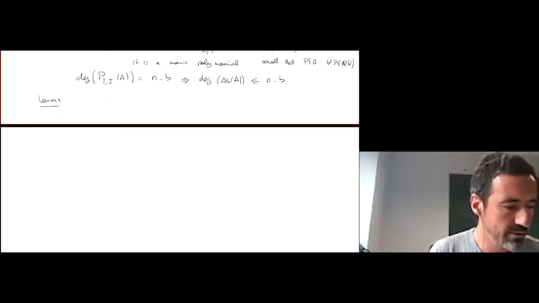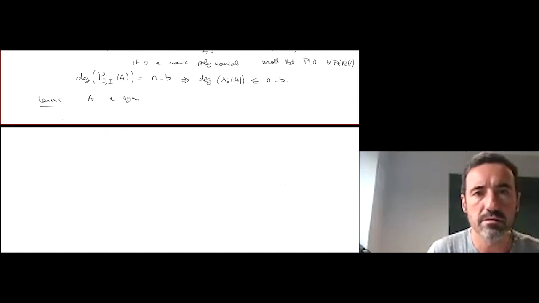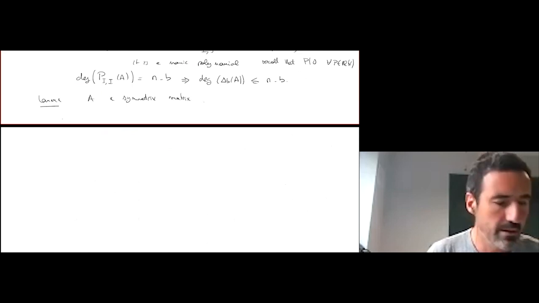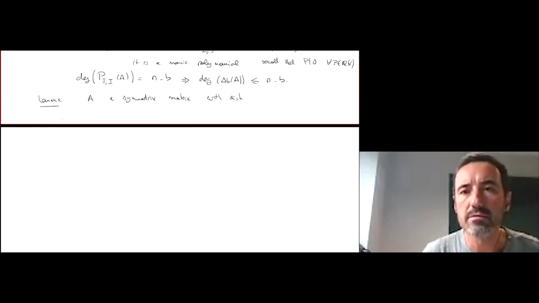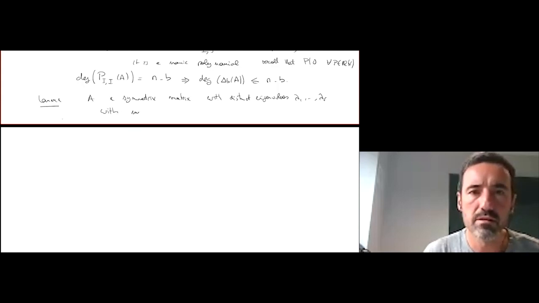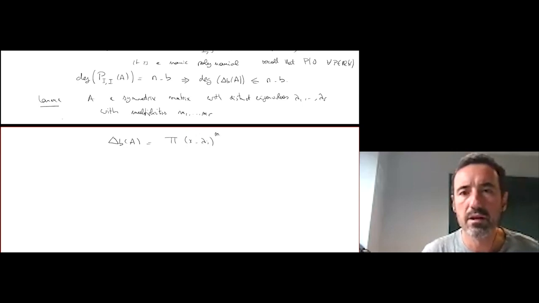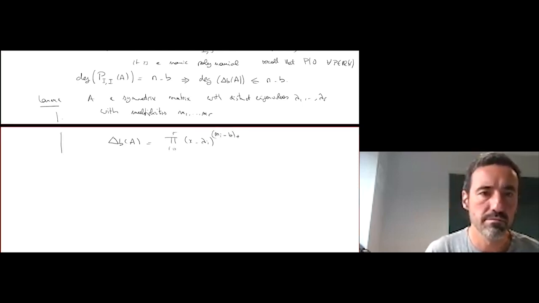The first part is when you have a symmetric matrix with distinct eigenvalues lambda 1 to lambda r, with multiplicities m1 to mr. There is an explicit form for this monic polynomial: it's simply the product over i from 1 to r of x minus lambda i to the power mi minus b, positive part.